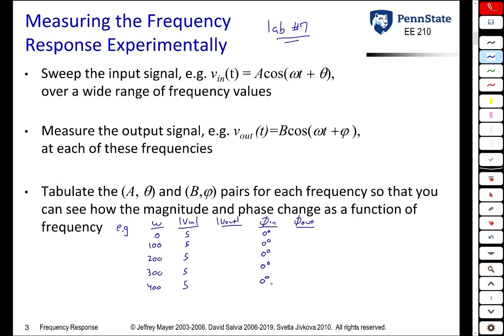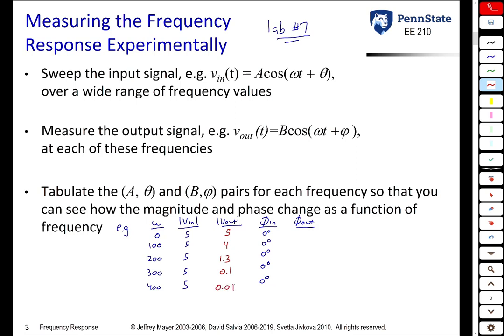What we'll see experimentally is that the measured output voltage could change as a function of input frequency. So for example, at DC, the output may still be 5 volts. Maybe at 100 radians per second, it's 4 volts. It might drop down to 1.3 volts at 200 radians per second. And then maybe 0.1 volt and maybe 0.01 volts.